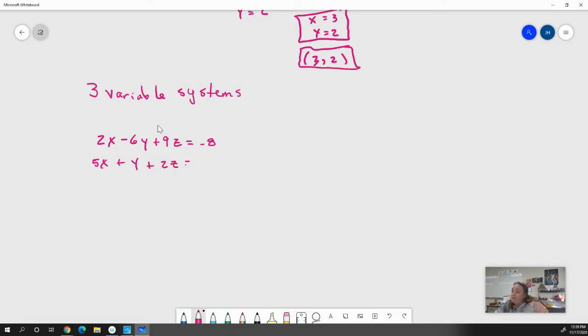I always put a line in my z so you can tell the difference between my z and my 2 because they're very similar. And then we've got 3x plus y minus 8z equals negative 28. Notice we have 3 variables, so we have 3 equations. That's an important piece of information you're going to want to know for later.